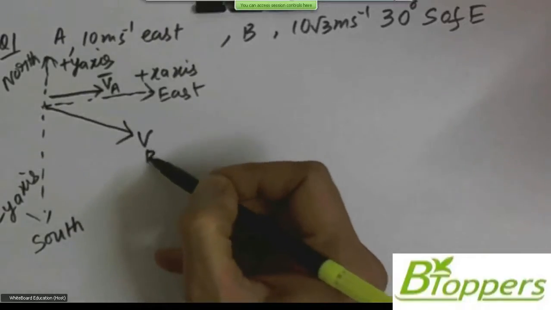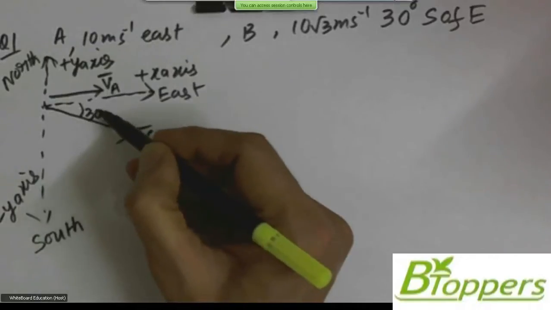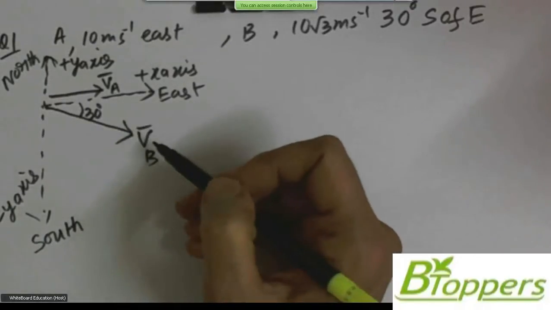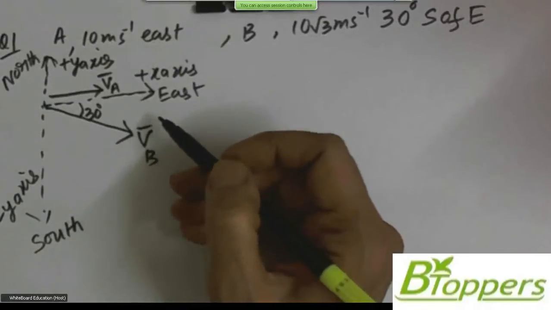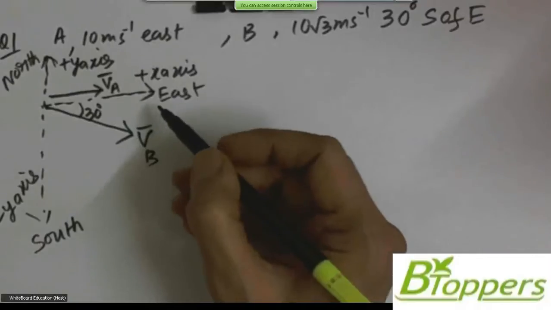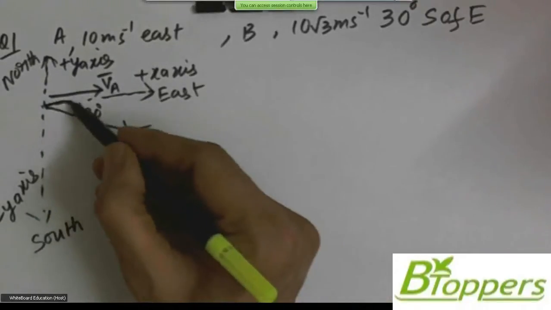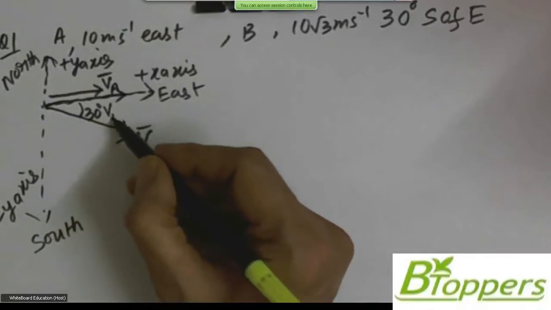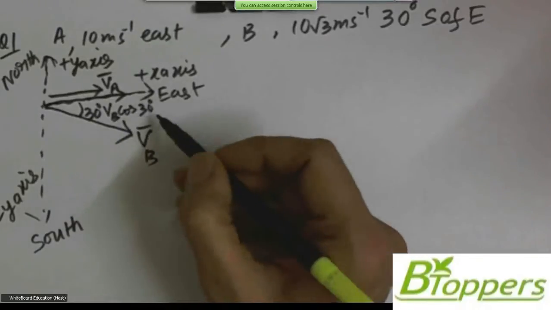So let VB bar denote the velocity vector of B, which makes an angle of 30 degrees with east direction, inclined towards south. You can resolve the velocity vector of B into rectangular components parallel to x and y axis. The magnitude of the component along x-axis will be VB cos 30 degrees.